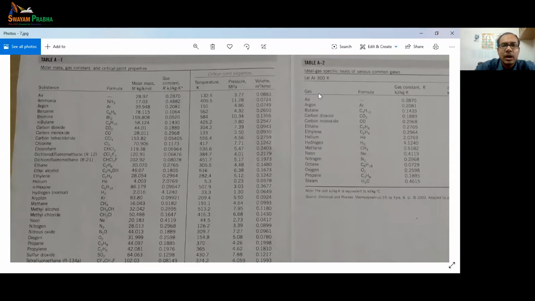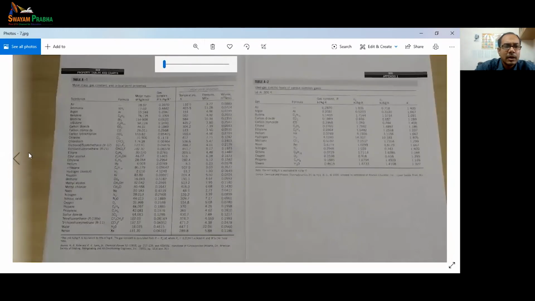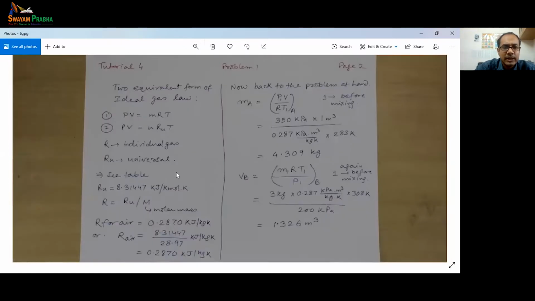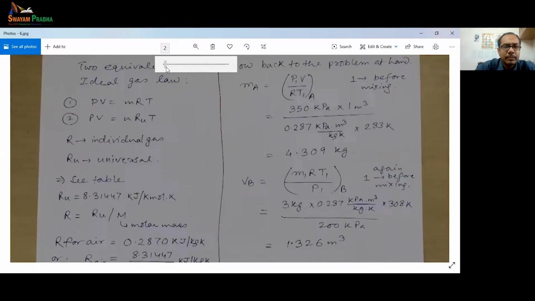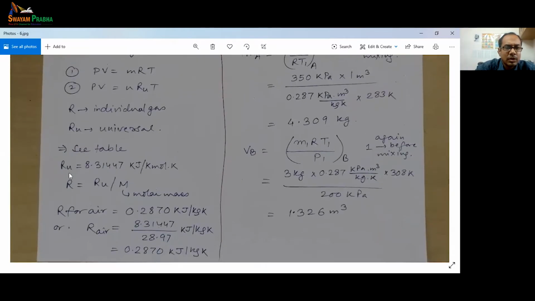Now let's go back to the problem, and we can see here that we can either use the universal gas constant Ru, which is 8.31447 kilojoule per kilomole Kelvin, or you can use R, which is particular for air, and for that you have to do Ru divided by M. M is the molar mass of air.